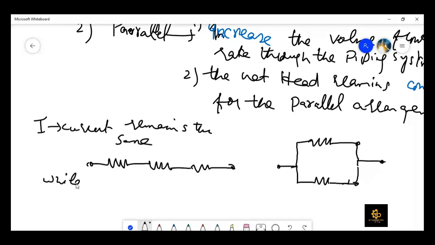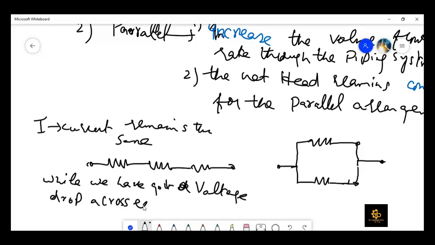While we have got voltage drop across each resistance, right?